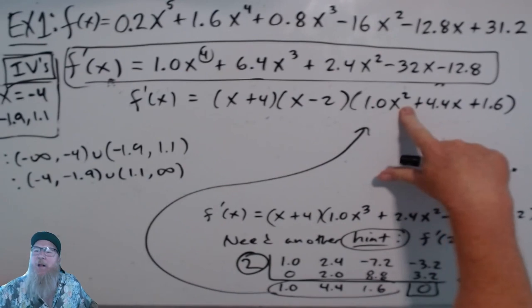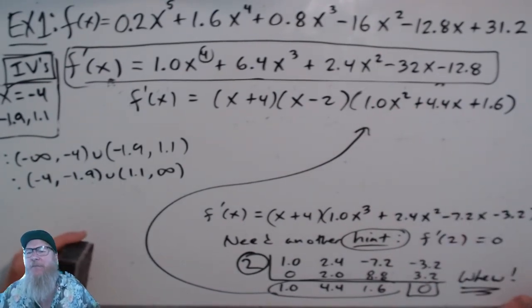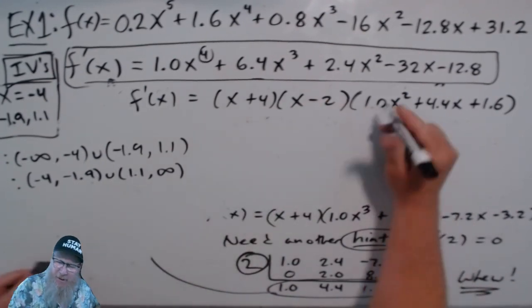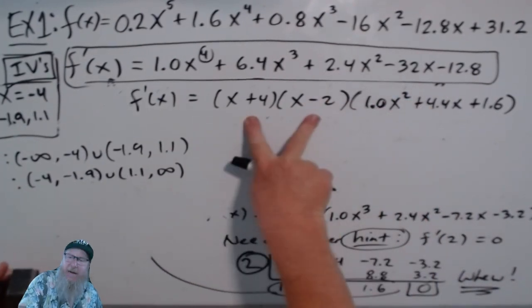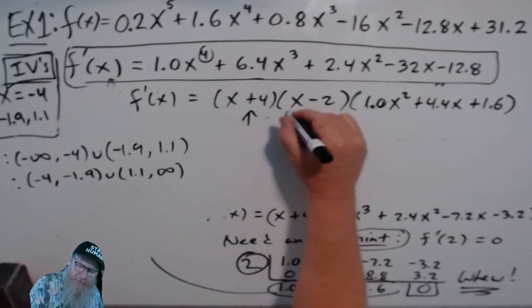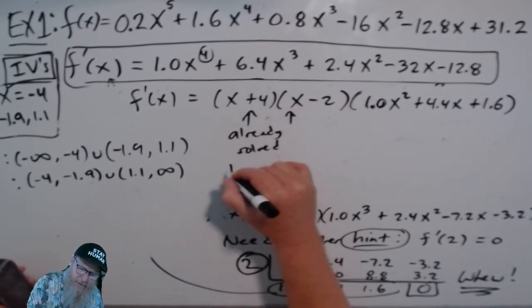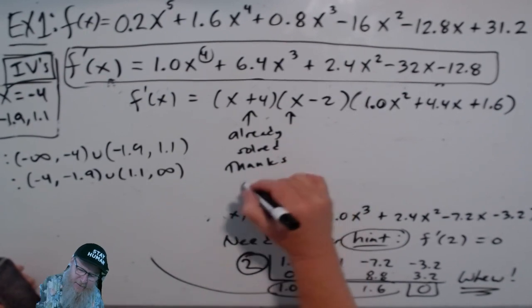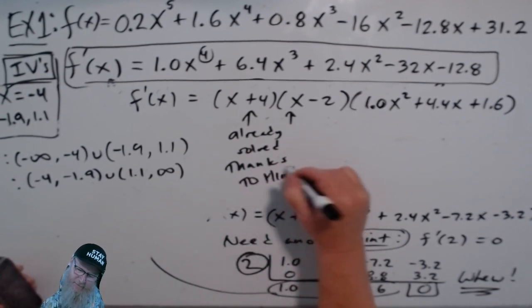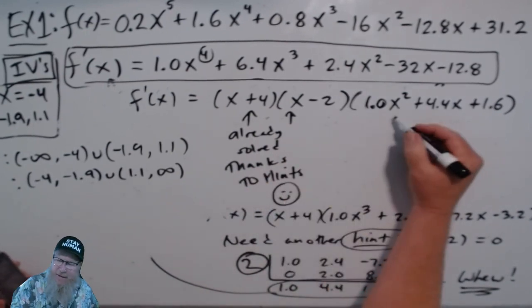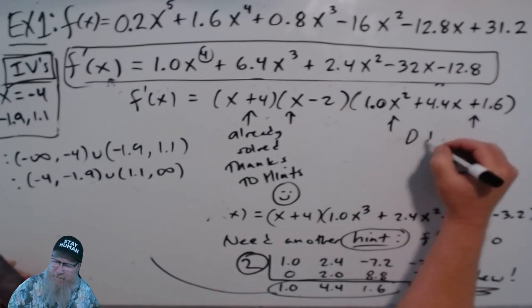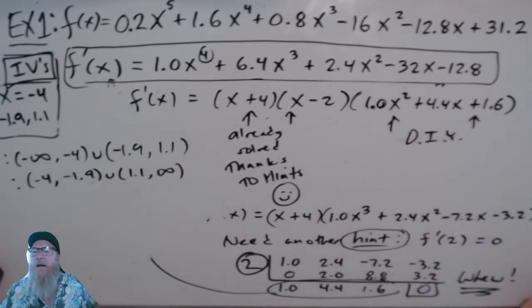Now, that's a small enough polynomial that I don't have to give you a hint. You should be able to solve it yourself. These 2 have already been solved thanks to the hints. This one you can solve now. I'll do it with you.